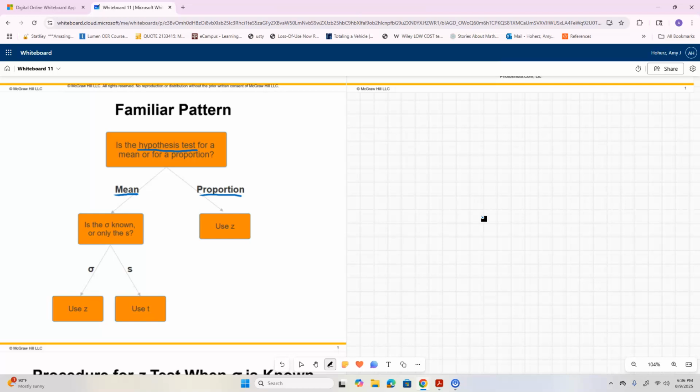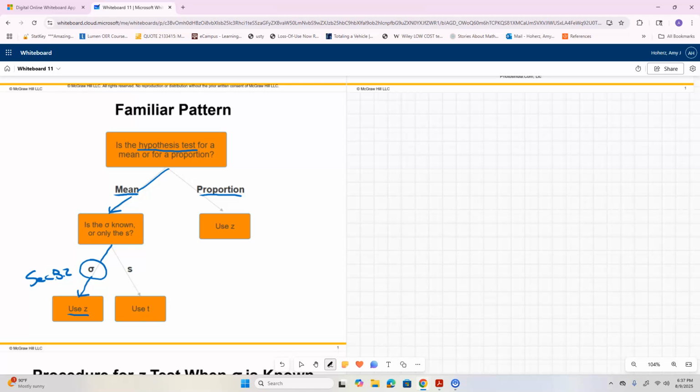Once we decide that, we have to know, is the sigma, the population standard deviation, known, or do we only have the S, the sample standard deviation? In this case, we are going to know the sigma, which means we're going to use Z off of our table. We can do what's called a Z-test. So we're going to be doing a Z-test, hypothesis test on the mean. So this will be for section 8.2.